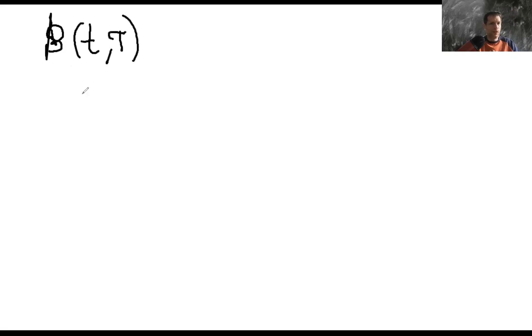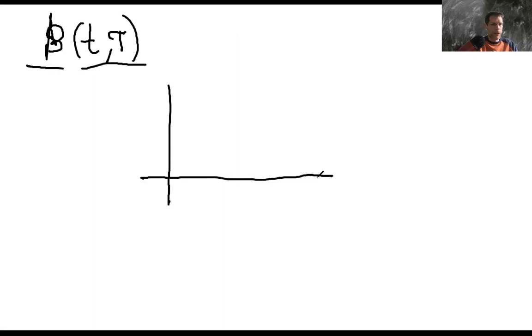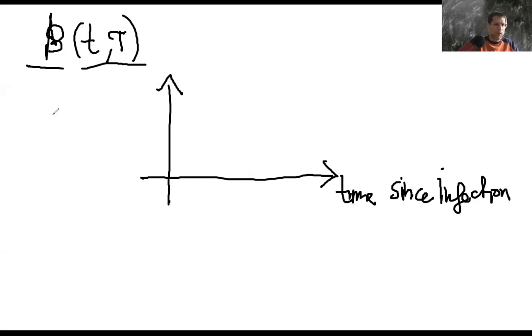So this is the function we were looking at, and this is something we want to make statements about. Let's ignore t for a while and just look at time since infection. So we have here time since infection, and here, what is the rate of contact?